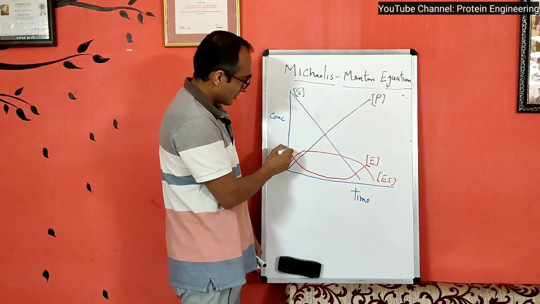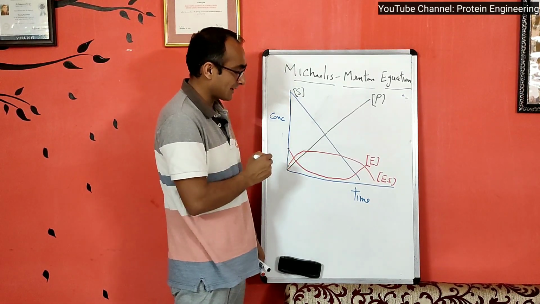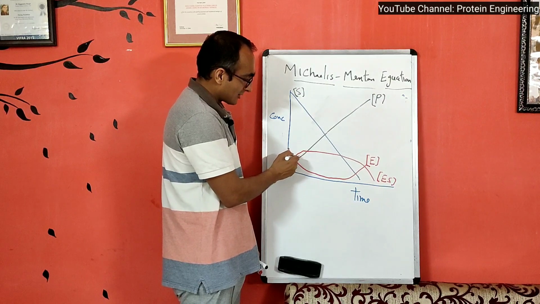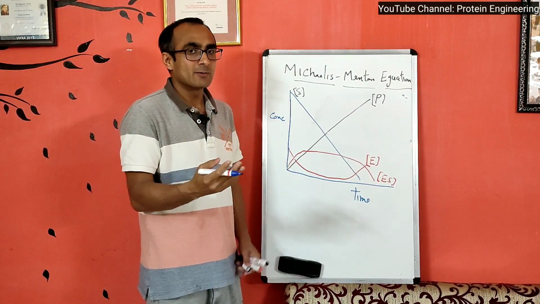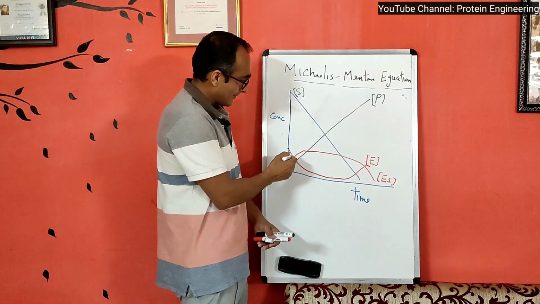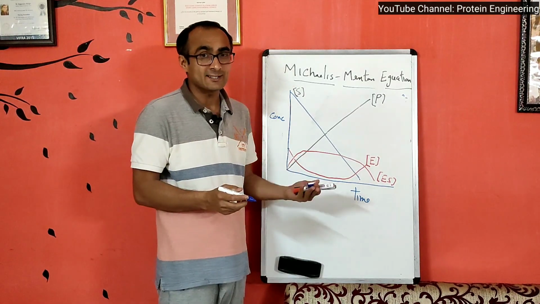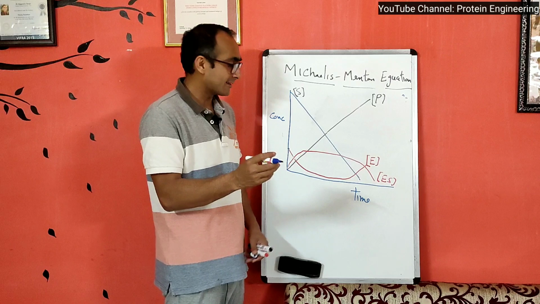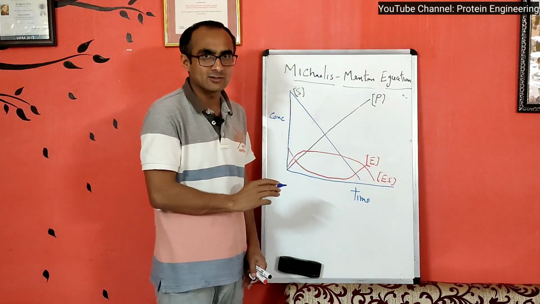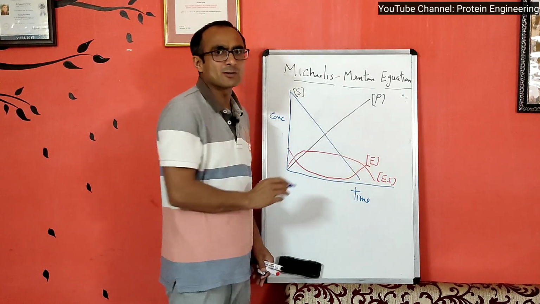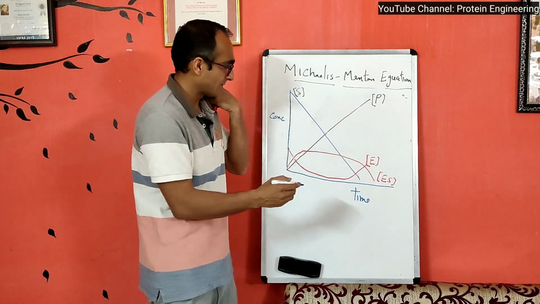Initially, for example, you have this concentration of enzyme. The free enzyme concentration goes down, because enzyme is present in the form of ES complex. Eventually, when the reaction is finished, it will come back to its initial concentration.